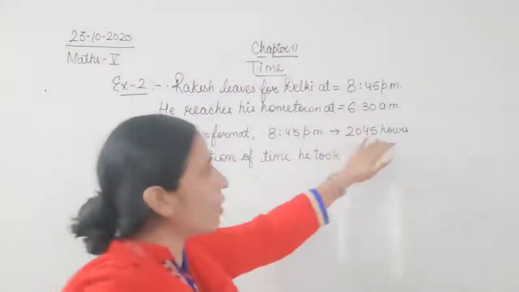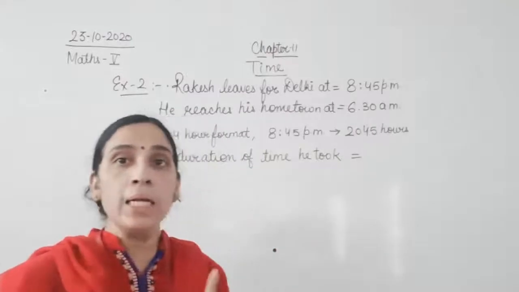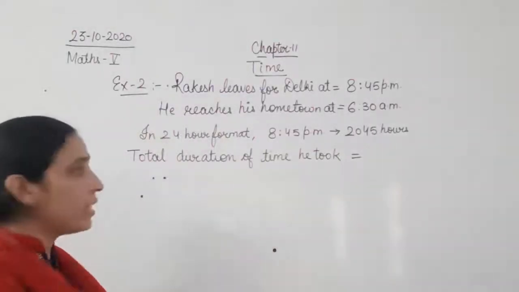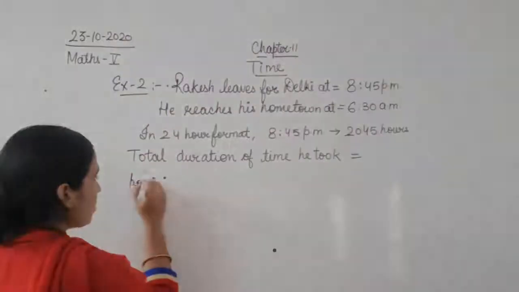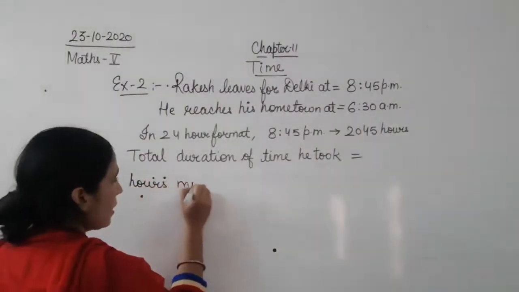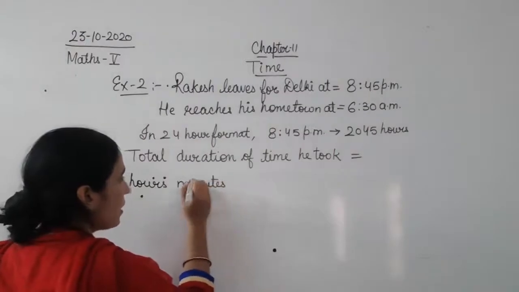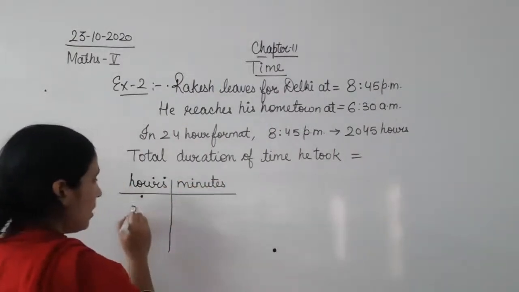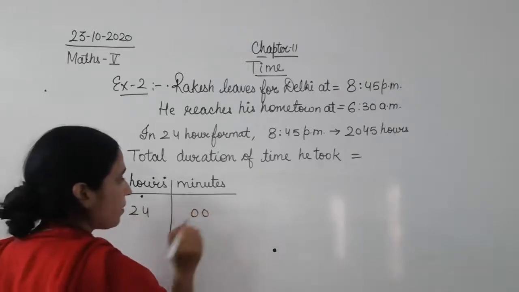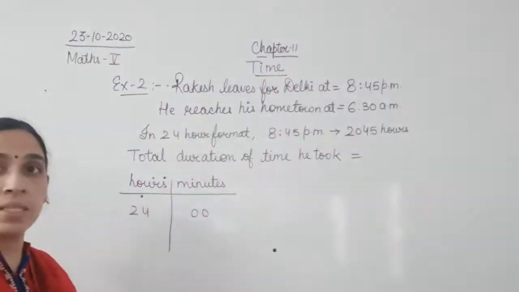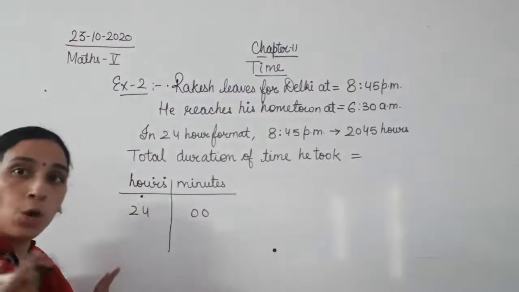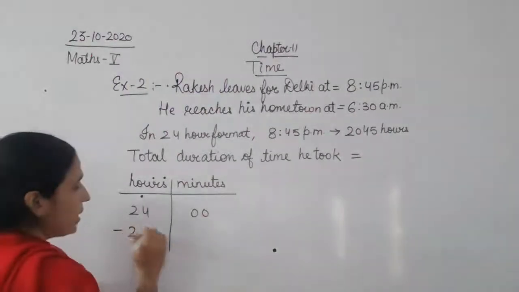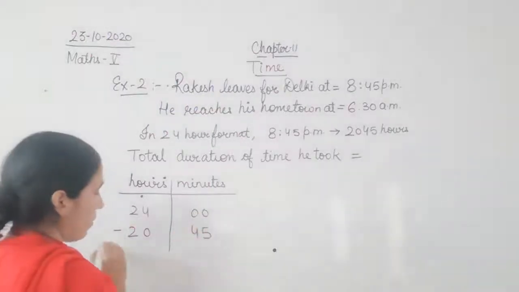Now 20:45 hours. One day has 24 hours only. First you will do subtraction for hours and then minutes. So on the very first day, how much time it took, we will write that: 20 hours 45 minutes.